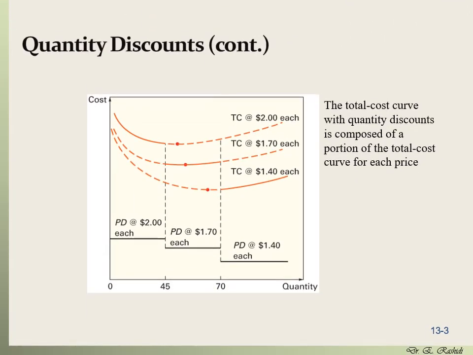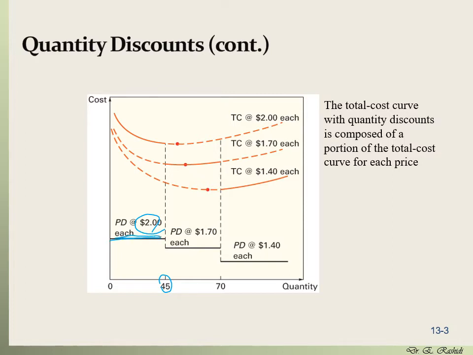Still the total cost curve, when you consider the discount price component. So suppose that if you buy less than or equal to 45, you're going to get a price of $2. So the purchase component would be this price multiplied by demand. So that would be this line.